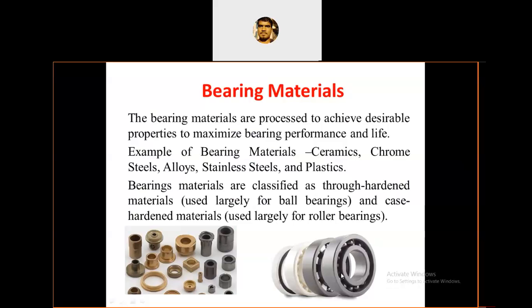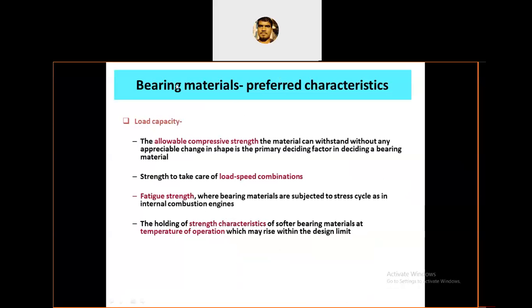Clear? So bearing material preferred characteristics means desirable characteristics, meaning what properties we expect in our bearing materials. So the first property is based on the load capacity. You just note down.